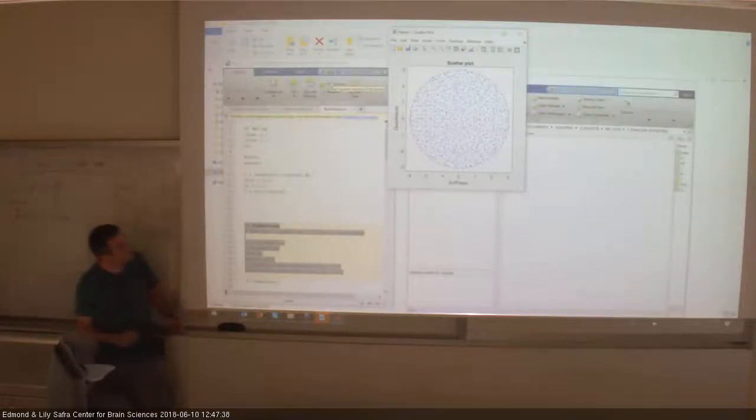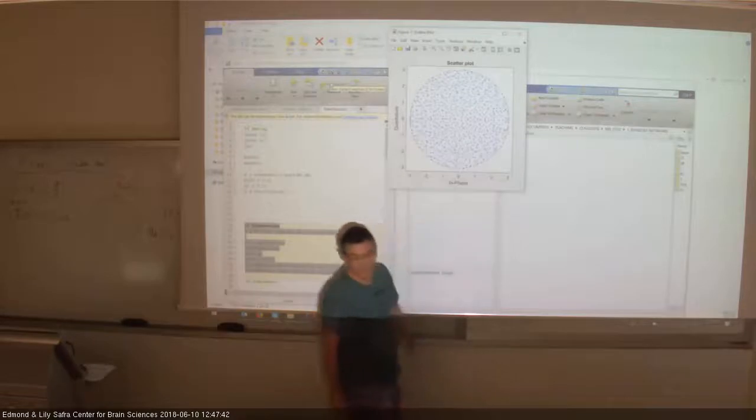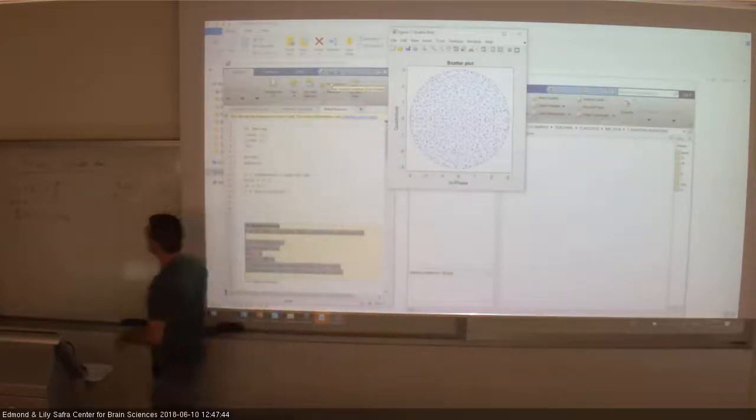This is a distribution of eigenvalues, and this is the prediction from Girko's circular law.